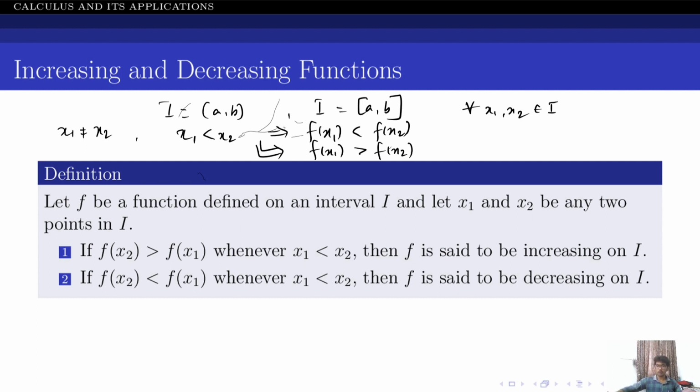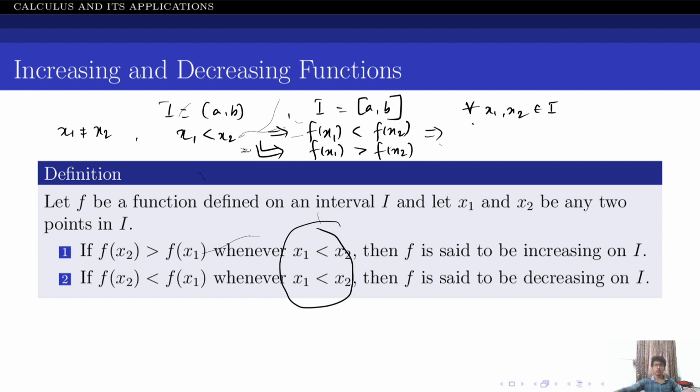While specifying x1 and x2, I have x1 smaller than x2, whereas in the comparison I am taking the other way. Just remember this and it will help you identify whether your function is increasing or decreasing.